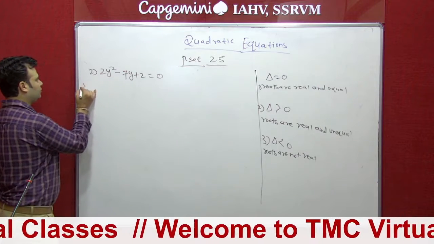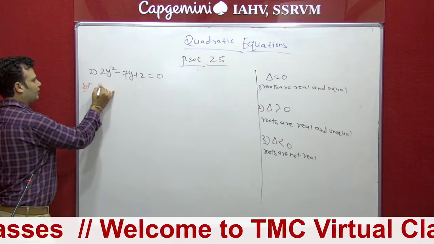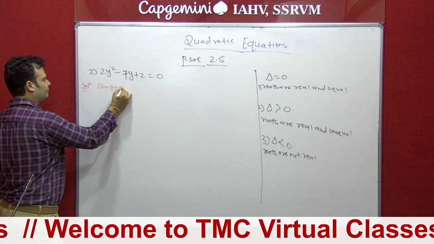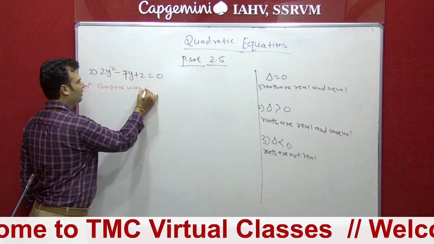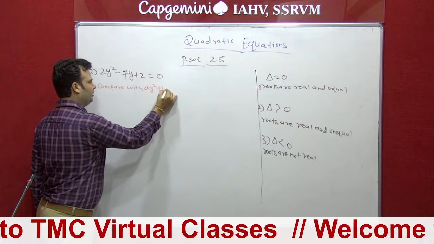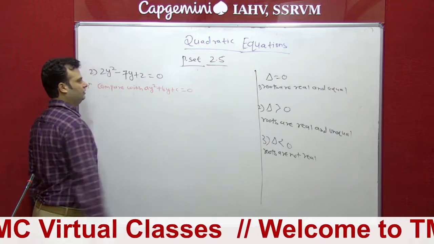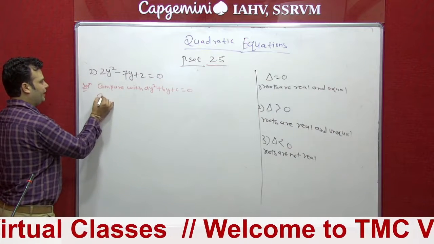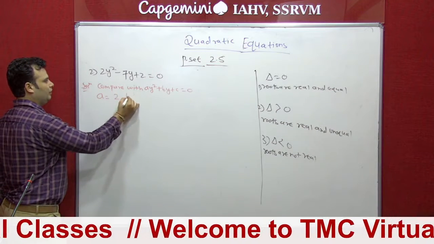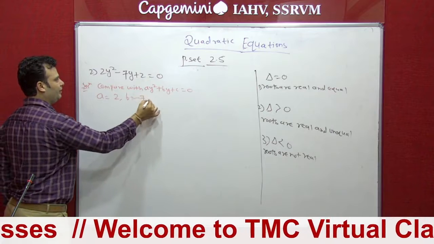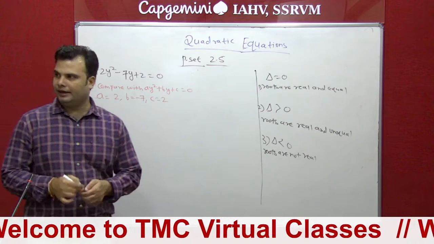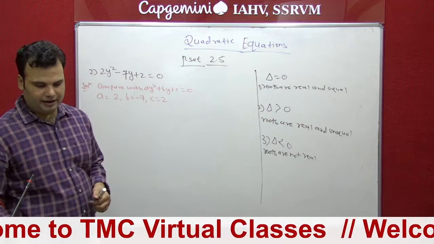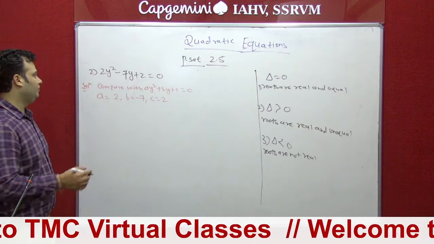So solution: compare with ay square plus by plus c equal to 0. So the value of a equal to 2, b equal to minus 7 and c equal to 2. So a, b, c is done. Next part is we have to find the value of the discriminant, means del.